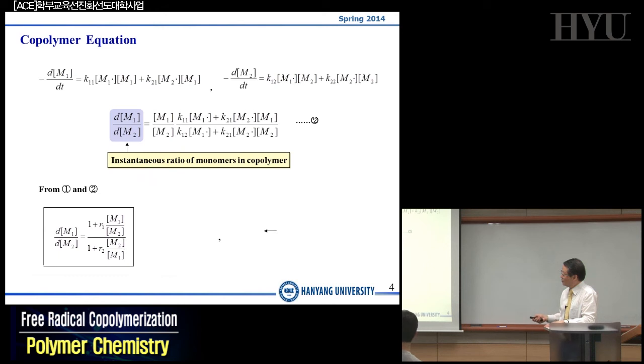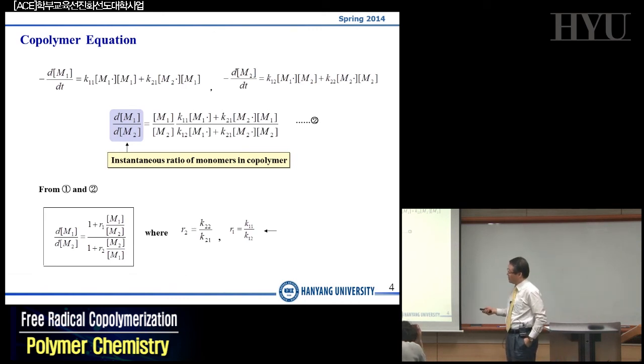We can say that dM1 over dM2 is equal to 1 plus r1, whereas r1 can be defined as k11 over k12, and r2 will be k22 over k21. If we define the ratio of the rate constants, then we can come up with this simplified equation.